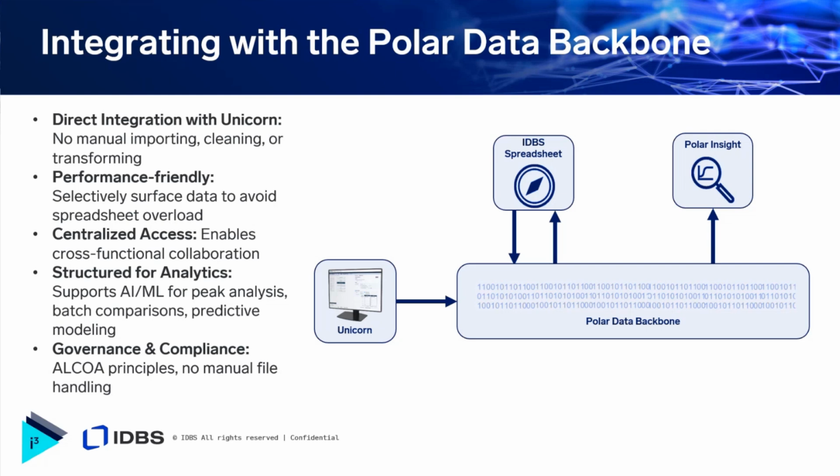And then lastly, but definitely not least, IDBS's bread and butter, governance and compliance. By using Alcoa principles, we want it to be integral. We want the data to make sense. We don't want you to have to worry about what happened in between when I did it in Unicorn and when I'm uploading some file. Who changed what?